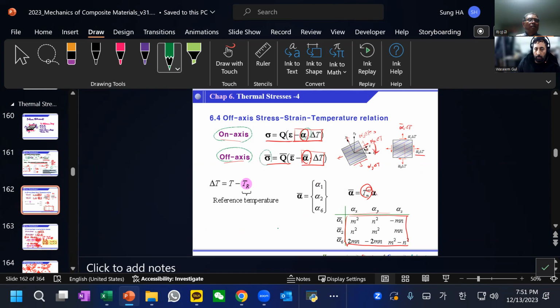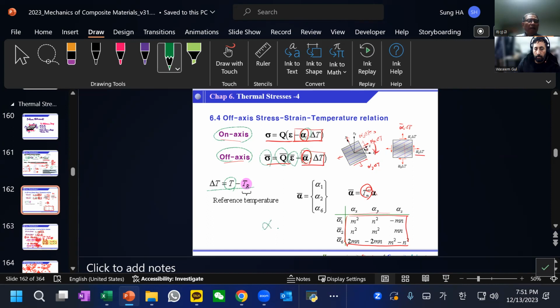We have the stress off axis, strain off axis, and stiffness off axis, and now we have an off-axis CTE as well. Again, delta T is the absolute temperature minus the reference temperature. Alpha bar is the off-axis CTE, alpha 1 to 6.